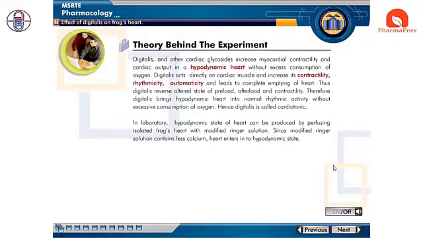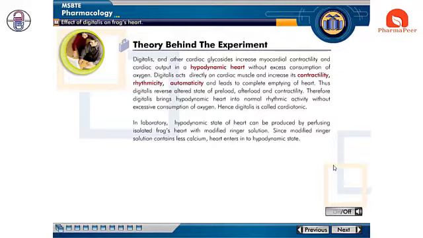Thus, Digitalis reverses the altered state of preload, afterload, and contractility. Therefore, Digitalis brings the hypodynamic heart into normal rhythmic activity without excessive consumption of oxygen. Hence, Digitalis is called a cardiotonic.